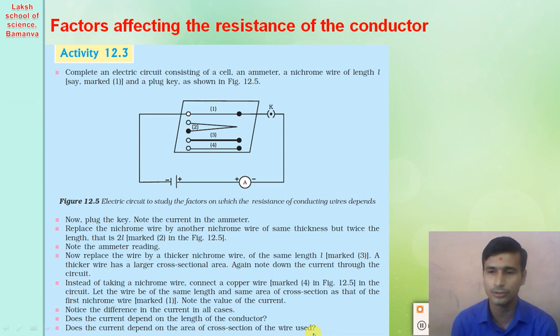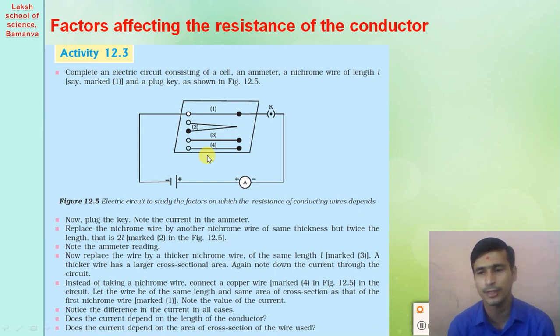So from these two observations we can state that the resistance of the conductor is directly proportional to the length of the conductor and inversely proportional to the cross section area of the conductor. And from first observation and fourth observation we can state that the resistance of the conductor depends on the type of the material.